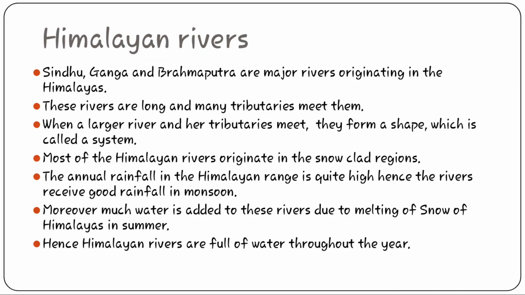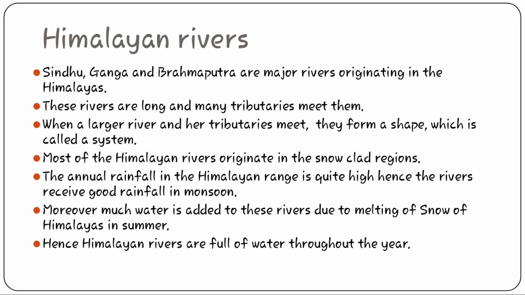Sindhu, Ganga and Brahmaputra are the major Himalayan rivers. They are Himalayan rivers because they originate from the Himalayas. These rivers are very long and have many tributaries meeting them. When a large river and its tributaries meet, they form a shape which is called a river system.